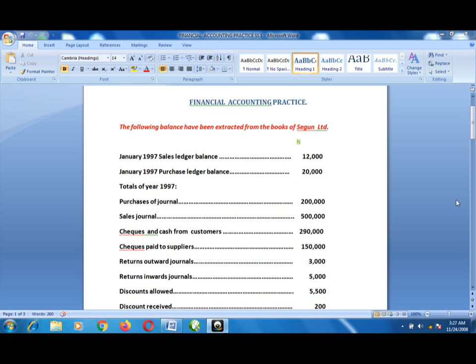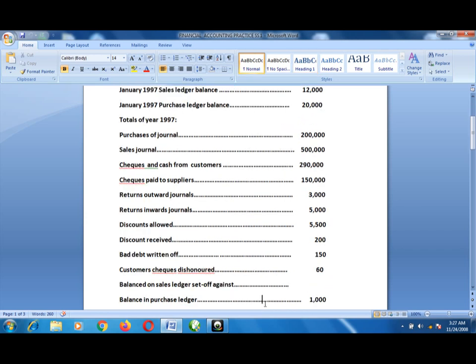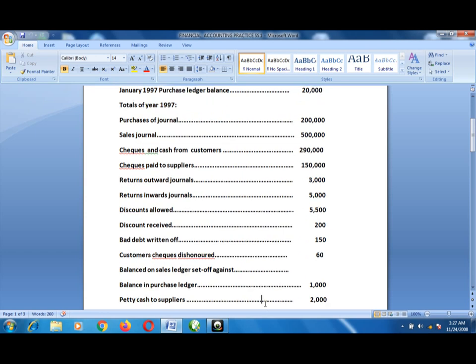You have 150 return outward journal, and return inward journal. You have discount allowed and discount received, bad debt written off, a customer cheque dishonoured, and a balance on sales ledger set against balance of purchase ledger.